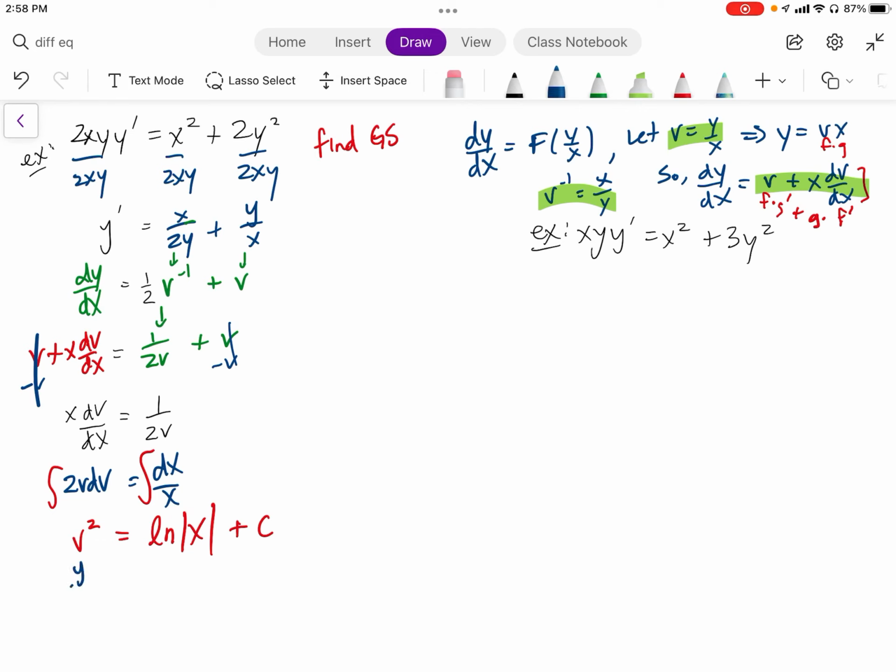So y over x, squared, equals ln x plus c, and multiply both sides by x squared, and I'd probably just leave it at that. It's not going to get much cleaner. y squared equals x squared times the quantity ln x plus c.